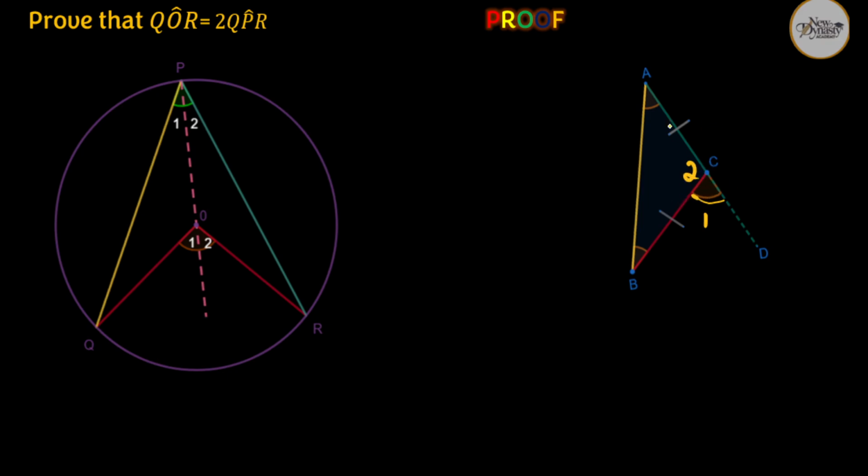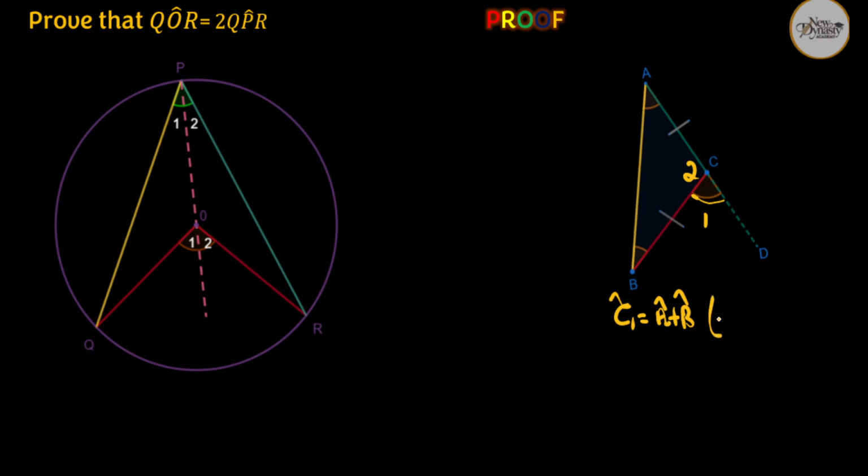Now, this is a property of a triangle, that if you've got the exterior angle of a triangle, it is equal to the opposite interior angles that are inside your triangle. So we can conclude here by saying that your angle C1, which is the exterior angle, equals angle A plus angle B. Why are they equal?